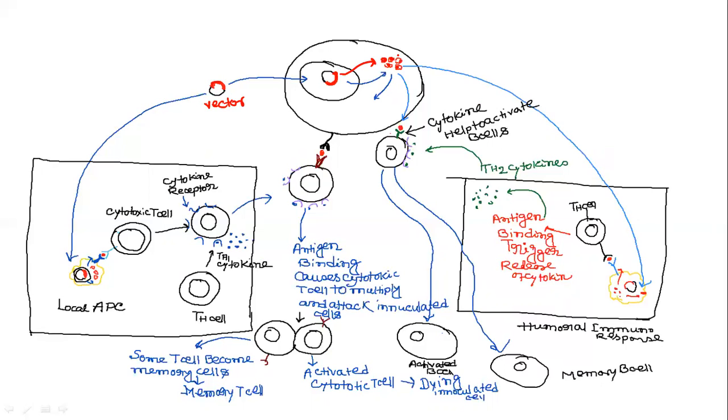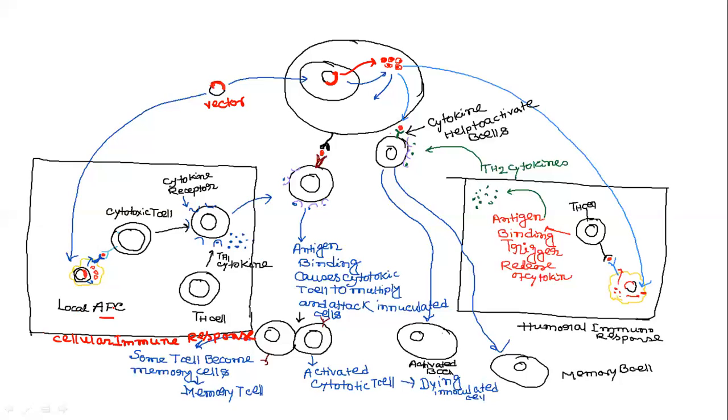Now there are two types of pathways. One is a priming cellular immune response, and the other is a humoral immune response. In the cellular immune response, the local APCs, that is local antigen presenting cells, take up the plasmid, and it will transcribe and translate into protein.